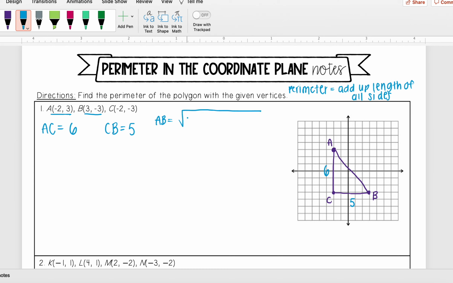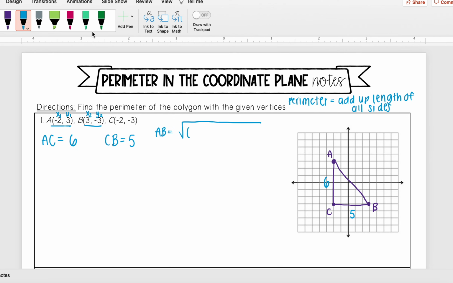And remember, my distance formula is x2 minus x1, so I'm going to go ahead and label my x1 and x2. So my first point A is just going to be labeled x1, y1, and then B is going to be x2, y2. And so for my distance formula, which I can go ahead and write up here, remember the square root of x2 minus x1 squared plus y2 minus y1 squared.